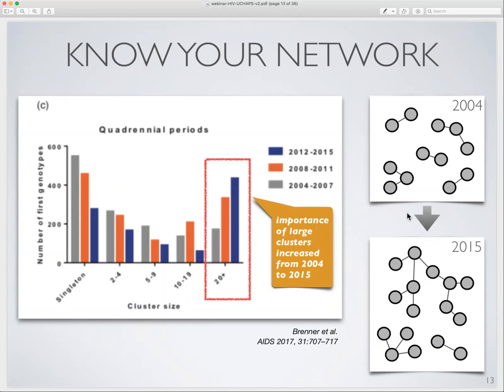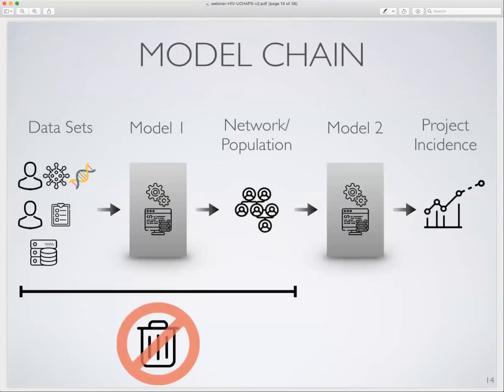But there is also another thing: the findings of this kind of modeling work that reconstructs the likely past and present population dynamics and network structure could be used to feed a second mathematical model that will, for example, project incidence.